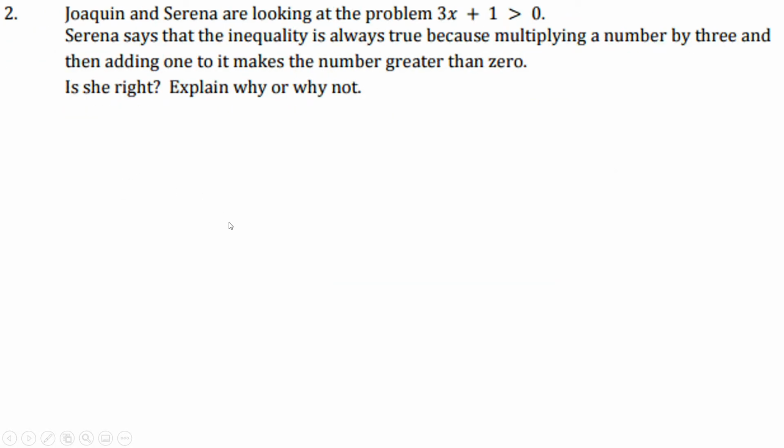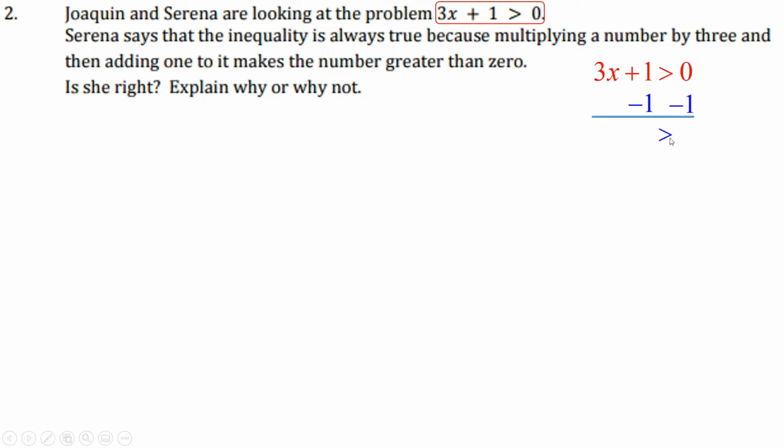All right, number 2. Joaquin and Serena are looking at the problem 3x plus 1 is greater than 0. Well, as soon as I see an inequality, I want to solve it. So let's solve it before we look at what Serena and Joaquin did. 3x plus 1 is greater than 0. So we have to undo that plus 1 with a -1 on both sides.